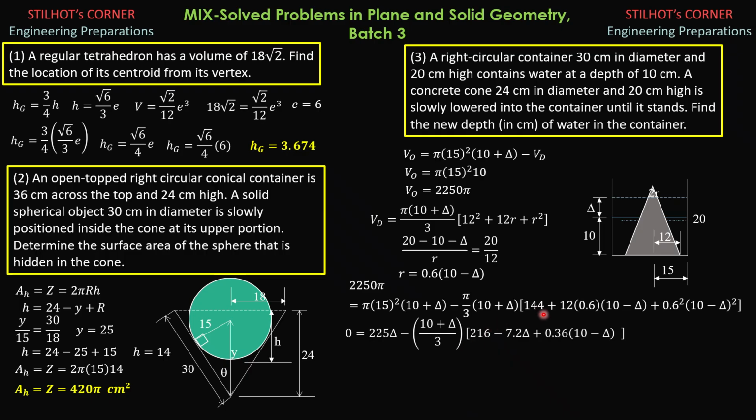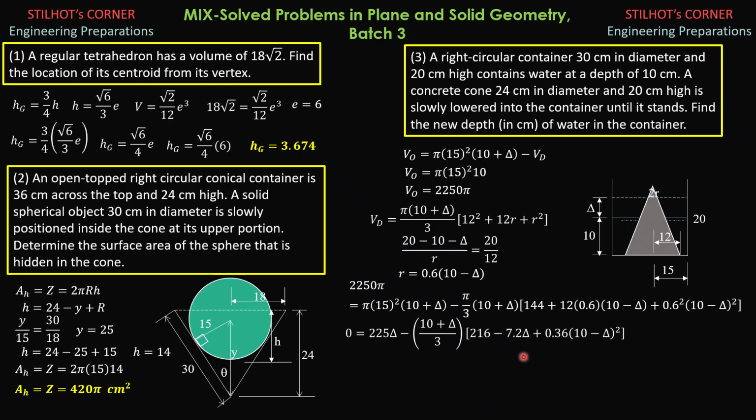144 plus 12 times 0.6 times 10 is equal to 216. Then 12 times 0.6, 7.2 times negative delta, negative 7.2 delta. Then this is 0.36 quantity 10 minus delta square.